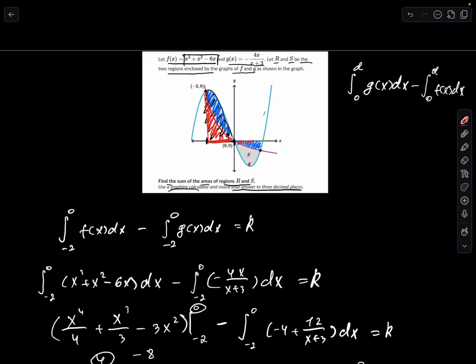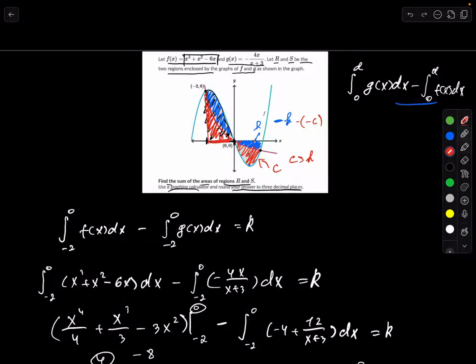So this minus this is going to give us a positive value, because our blue part right now is a negative, let's call it k, this area is k, and then in our equation we're subtracting another negative value, let's call it c, this is c. And since c is greater than k, like visually it's pretty obvious, the final value is going to be positive. So S is going to be positive, which makes sense.